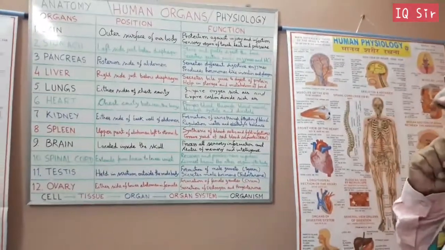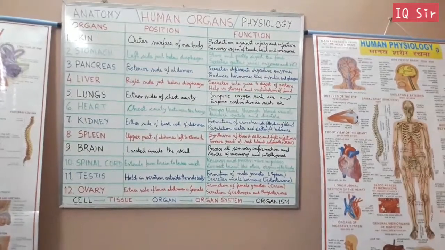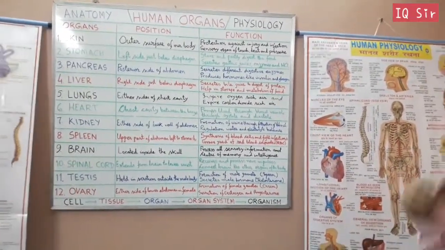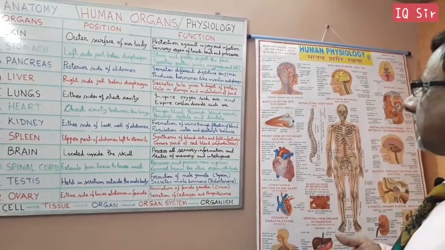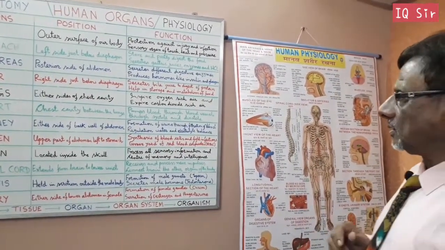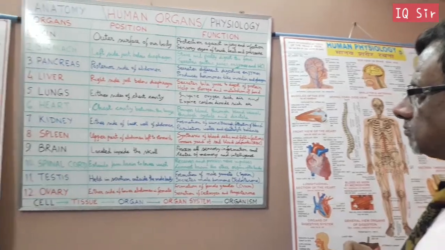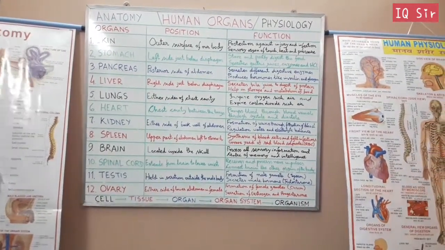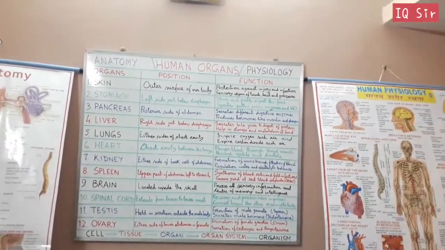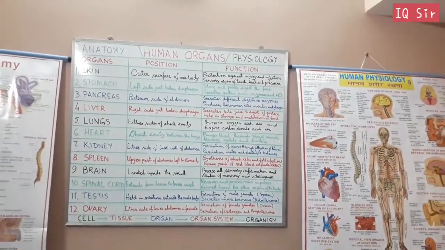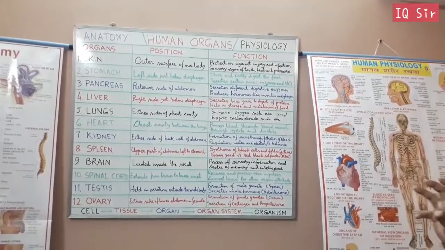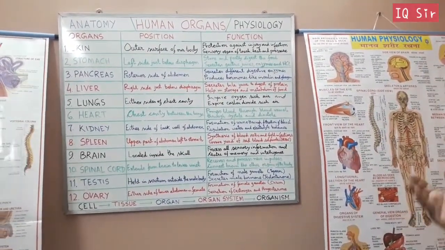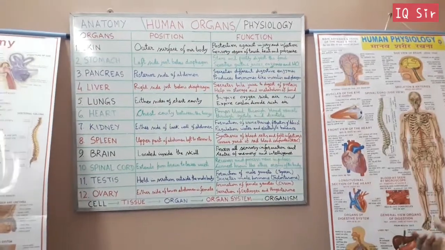They help to inhale oxygen-rich air and exhale carbon dioxide-rich air. Now the heart is located in the chest cavity between the two lungs. Its function is to pump blood through the blood vessels, as well as contract through systole and relax through diastole.